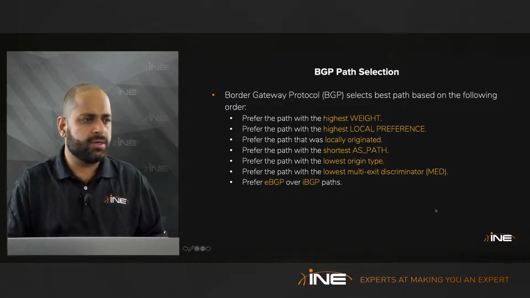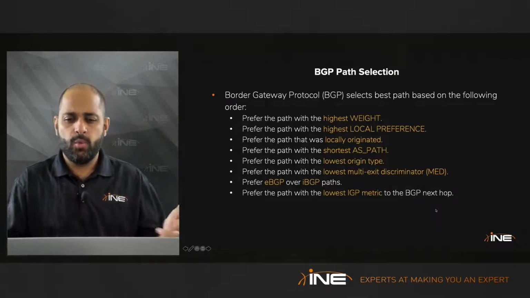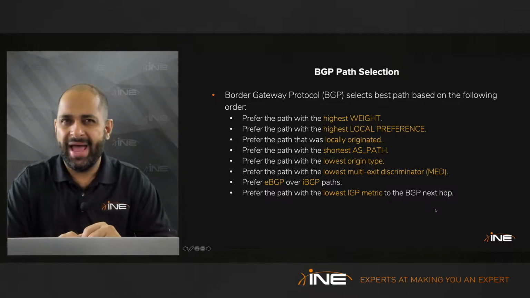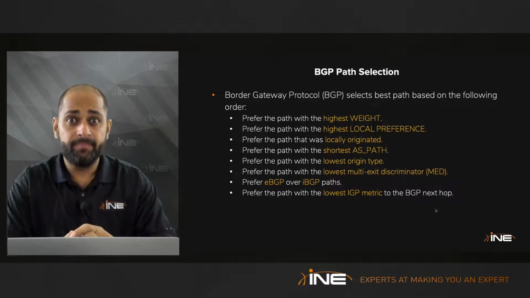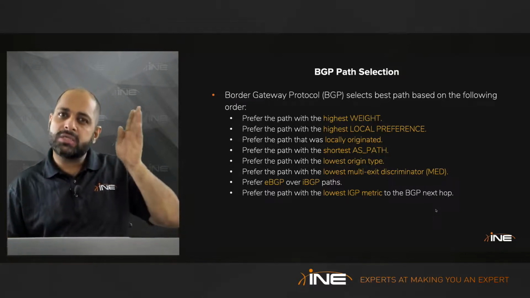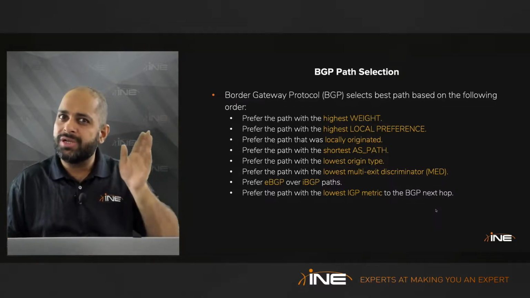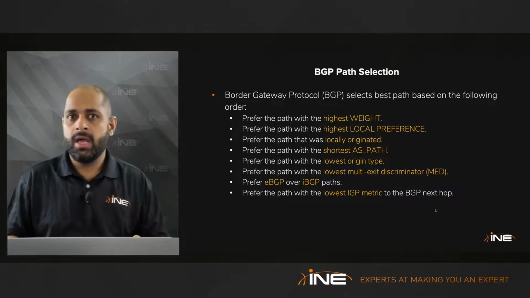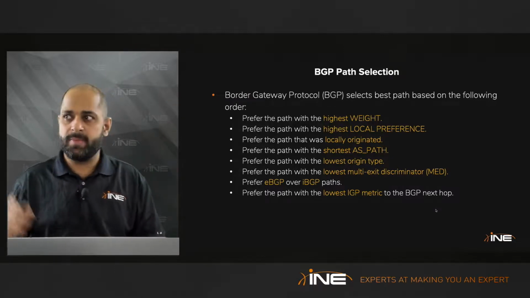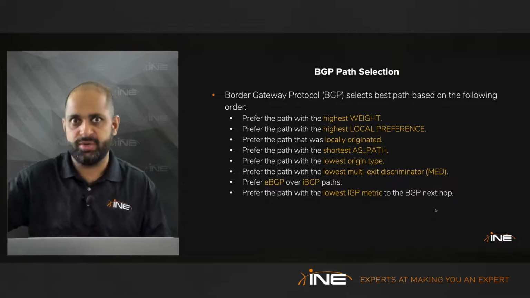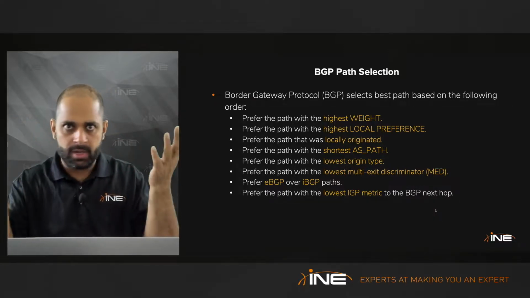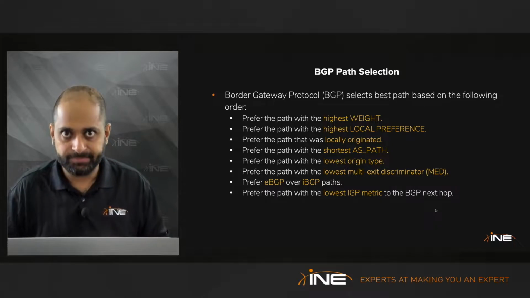If that is the same, it goes to the next criteria, which is the lowest IGP path to the BGP next hop. So, what's my IGP cost to the next hop ISP neighbor of this path, and what's my IGP path cost to the ISP2 BGP neighbor. Whichever is lower, that goes in the routing table.